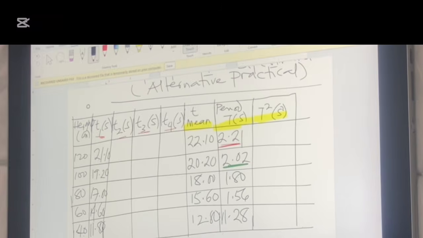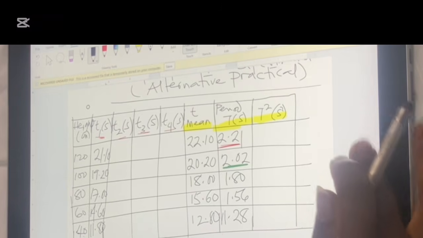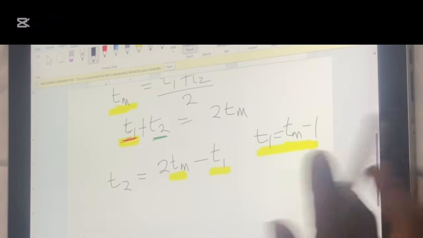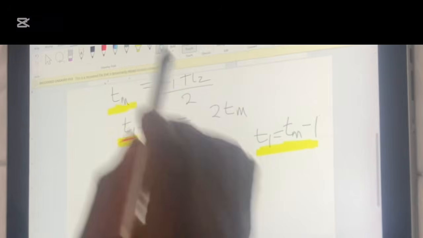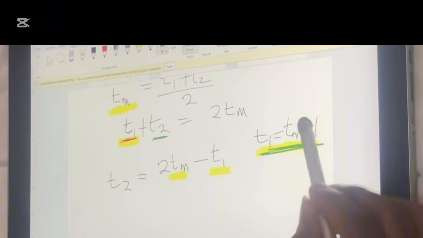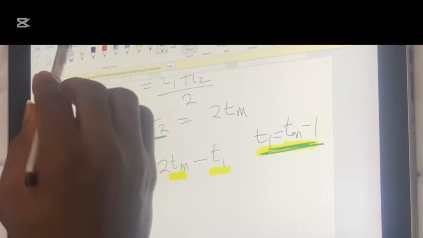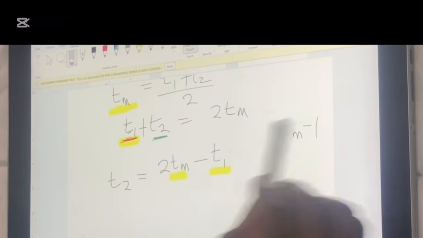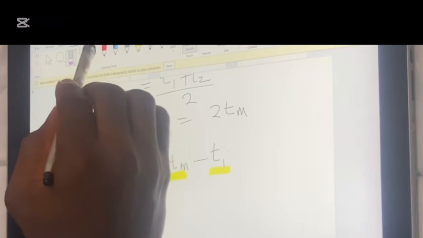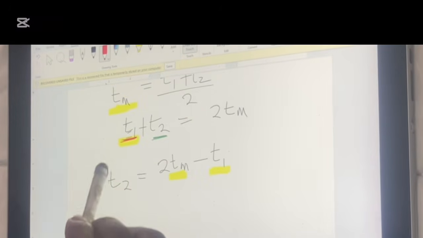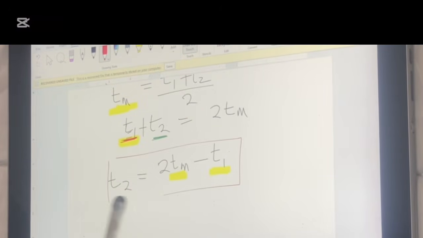So that means we have gotten our T1. Remember, this is the formula we use to get our T1: Tm minus 1 will give us that value. So our focus now is on T2. This is the formula relating to T2.